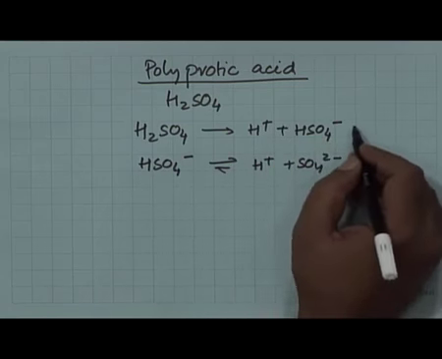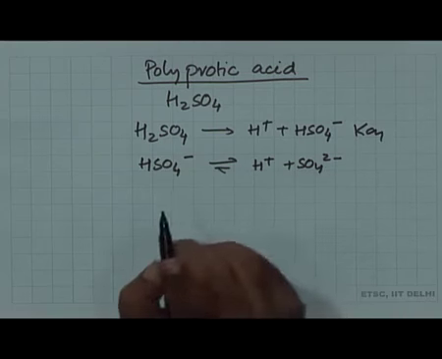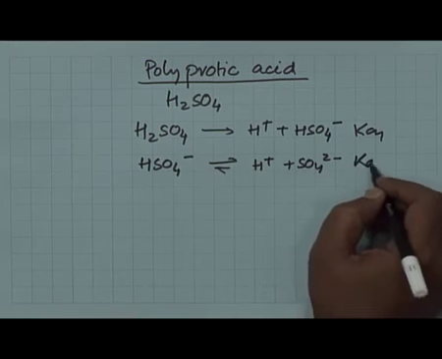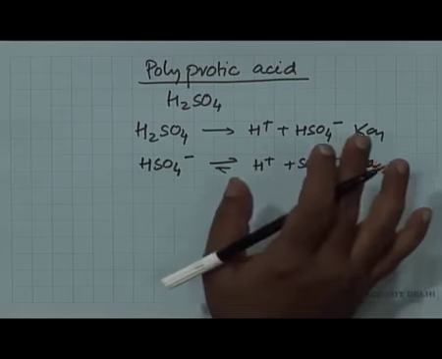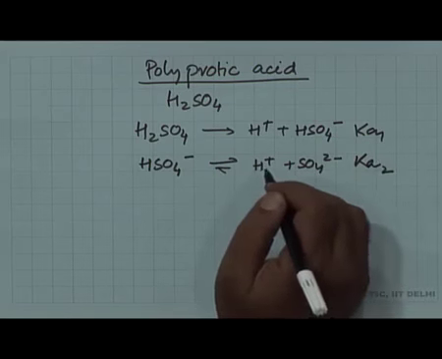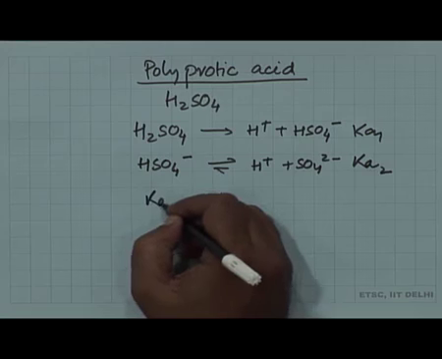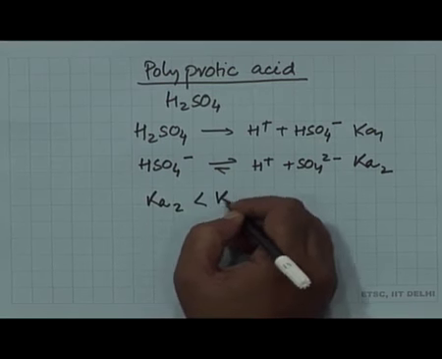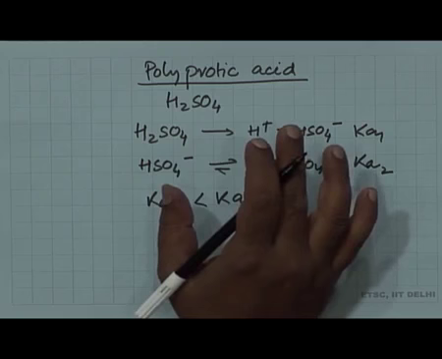So, this is called Ka1, the first dissociation, and there is a Ka2, which is the second dissociation. So, Ka2 will always be less than Ka1, and it is quite simple.